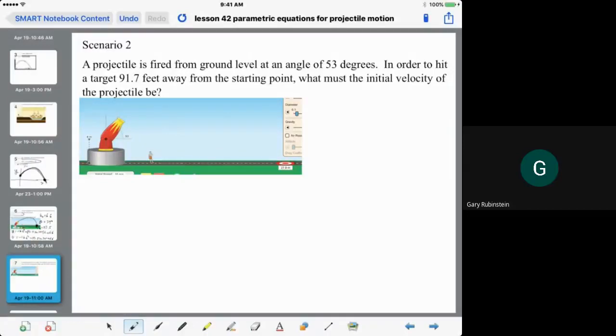So in this one, we are told that the angle must be 53 degrees. We have no choice there. And we want to hit a target like an Angry Birds that's 91.7 feet away. And then the question is, what should the initial velocity be? Take a second to think about this one. Like, how would you set it up?